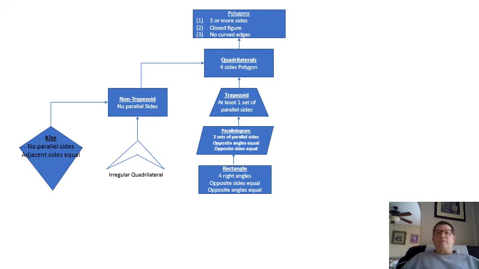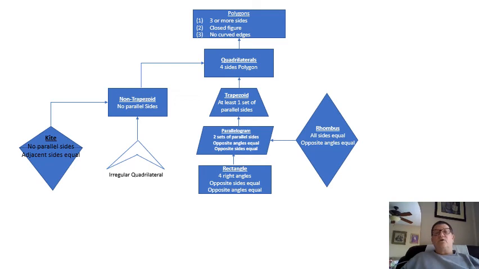Now let's think about a rhombus. Am I going to stick the rhombus underneath the rectangle? Well, think about it. A rectangle meets everything that a parallelogram does. But does a rhombus have 4 right angles? It could. But would all rhombuses be rectangles? No, I don't think so. Okay. So we'll have to put our rhombus over here. Okay. So a rhombus has all sides equal, opposite angles are equal.